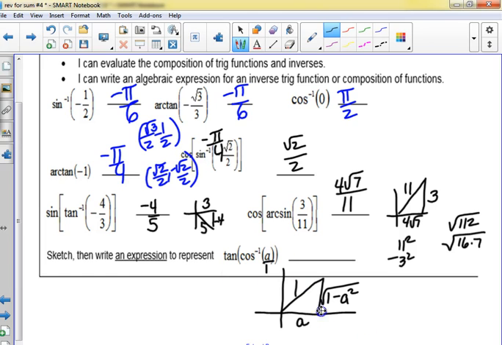All right, now it wants the tangent. Opposite over adjacent. Okay? There's a whole remediation sheet on inverses over there you can practice on. All right.